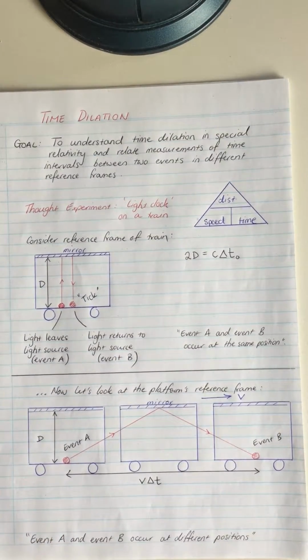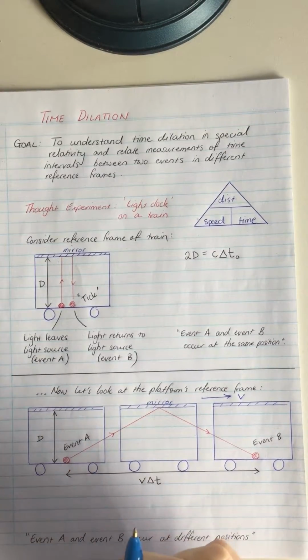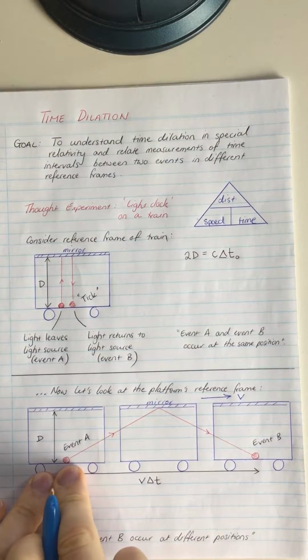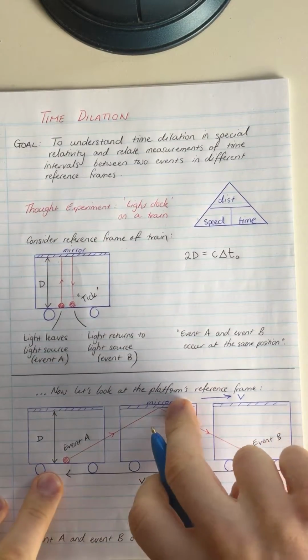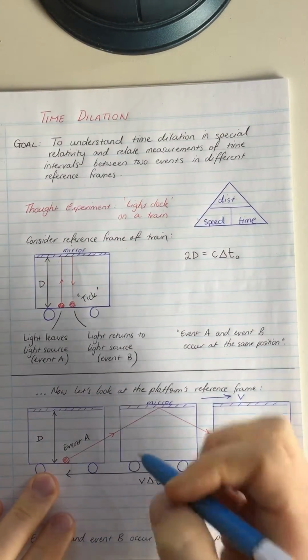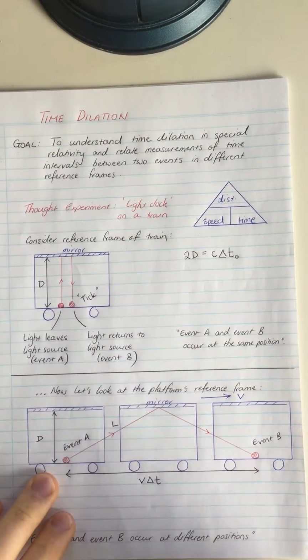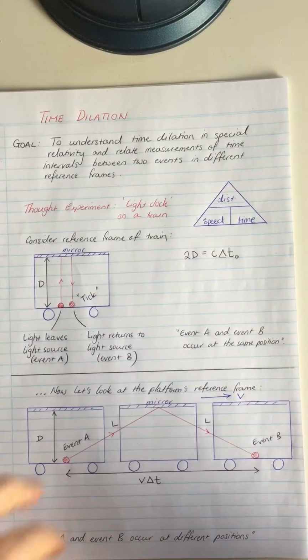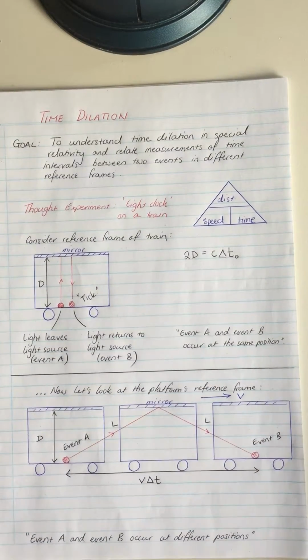It's also gone up D. So let's say that the distance from here where it leaves at event A to where it bounces off the mirror, when the train's moved a little to the right, is L, and by the symmetry of the situation, this will also be L. Okay, so we can just write a couple of equations now to relate what's going on here.